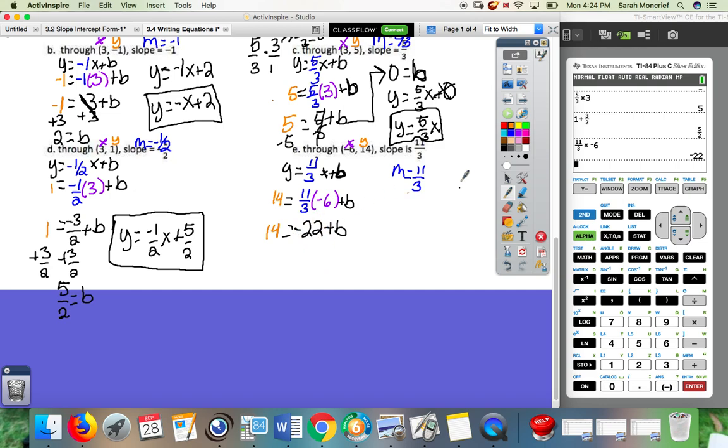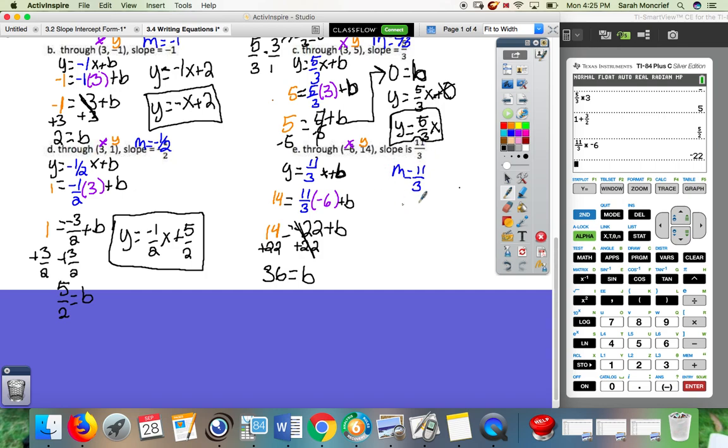Now, what else do I need to do in order to get b by itself? I've got to move this negative 22 over. I move it over by adding 22 to both sides. What happens on the right? They cancel, and then what is 14 plus 22? That is 36. We have 36 is equal to b.